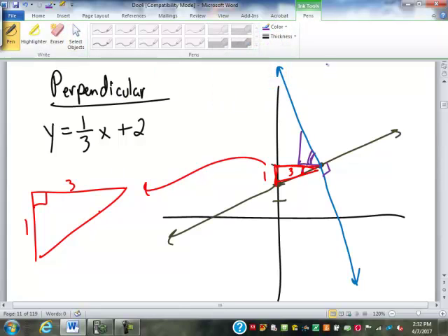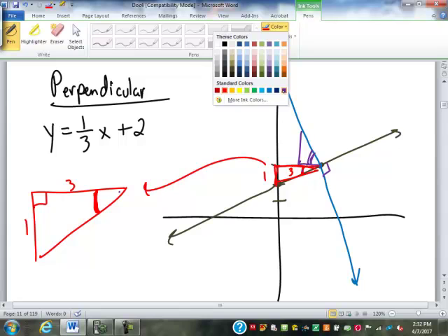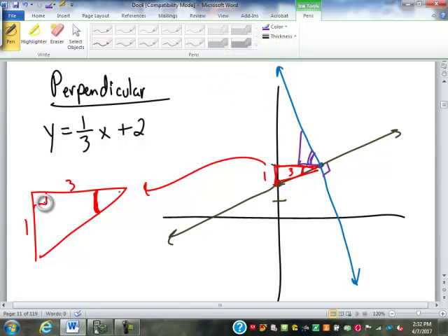If I want to make an angle that is complementary to this one, well, since this is a right triangle, and I know that the angles of a triangle add up to 180 degrees, I know that that angle plus this one have to add up to 90. Because 180 minus this 90 degrees leaves us with 90 for the other two angles.